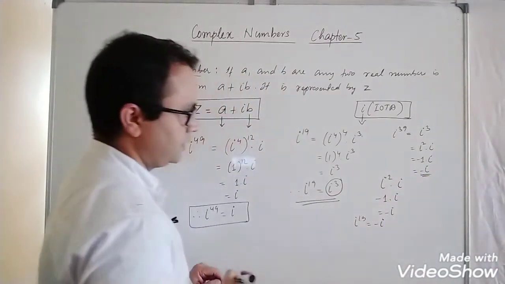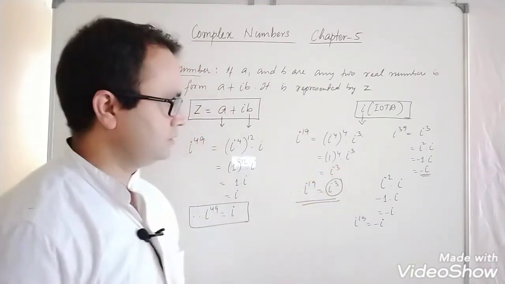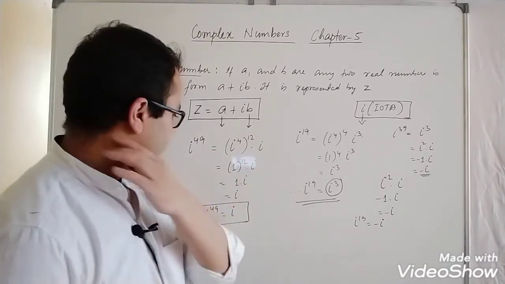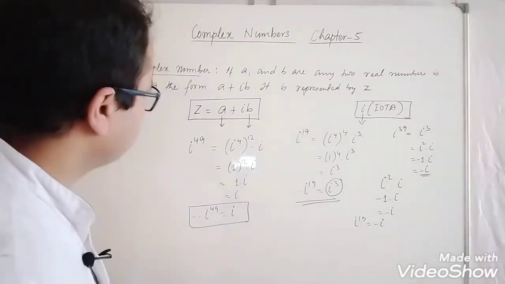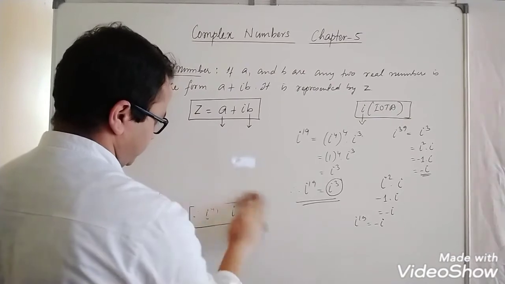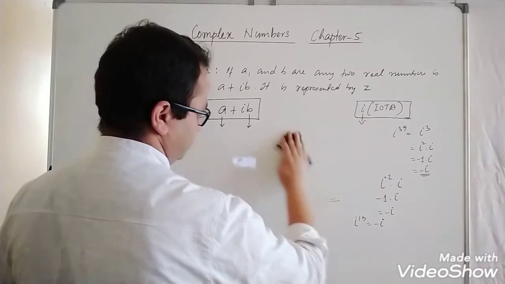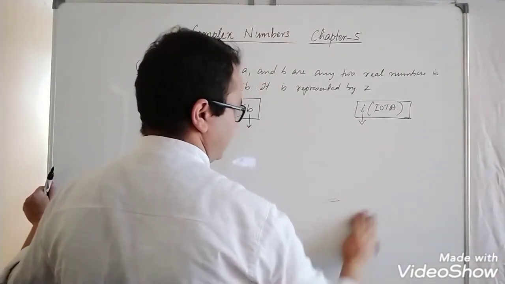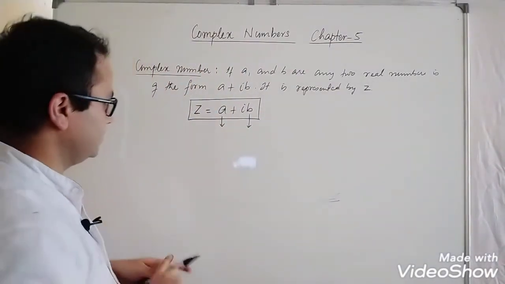Further we have to break i to the power 3 into 2 parts. So these are the powers of i. Now we know that the complex number is z equals a plus ib, where a is the real part and b is the imaginary part.